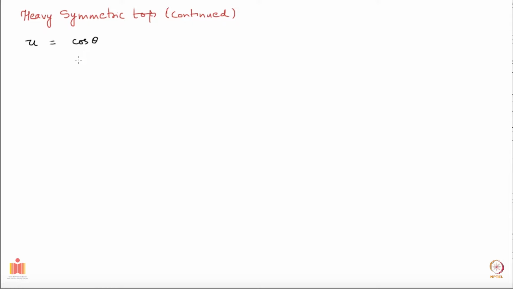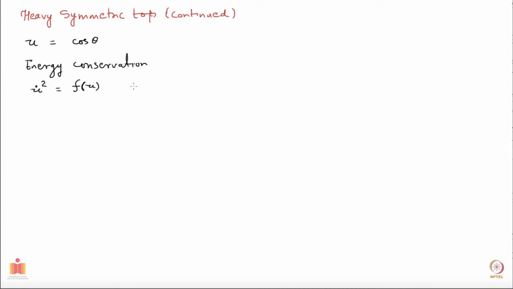So that's what we did last time, and then with this definition of u, we could write down the energy conservation as the following equation. So we could convert our energy conservation equation to u dot square is equal to f of u. Okay, and this was equivalent to a one dimensional problem.